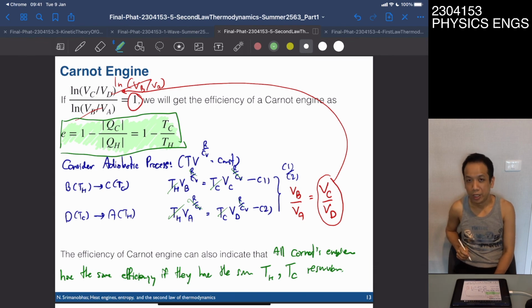So we are finally going to the next step so that we can calculate the efficiencies of Carnot engines, and we learned that the Carnot engine efficiency can be described by just two temperatures, hot and cold.